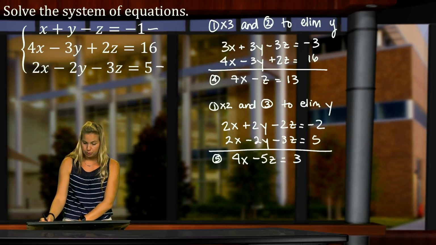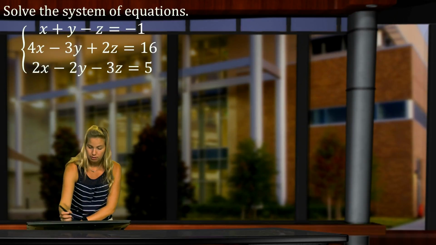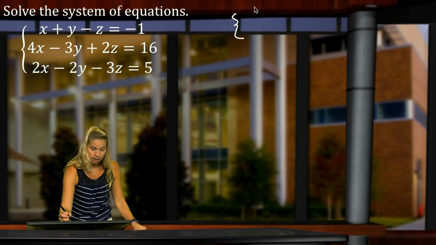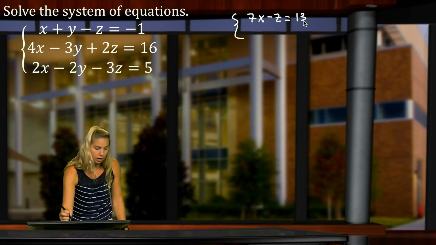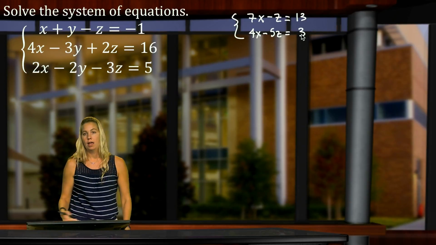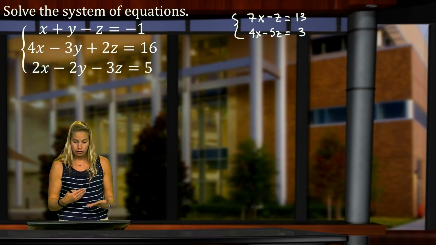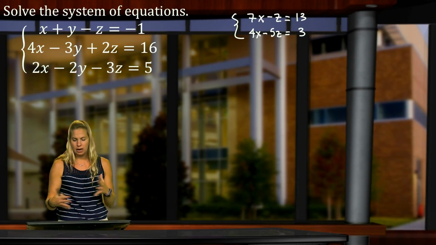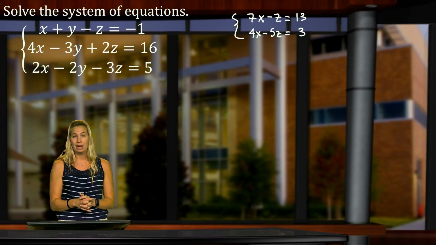I'm going to clear this. I'm going to rewrite a new system with equations 4 and 5. So my new system is 7x minus z equals 13, and 4x minus 5z equals 3. And this new system we can solve using substitution or elimination, whatever your preference is. Since I've got a lot of coefficients, I'm going to stick with elimination, and I'm going to try to eliminate z.